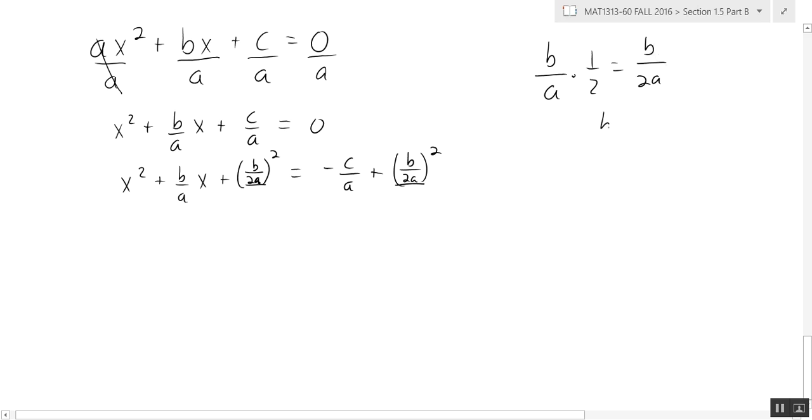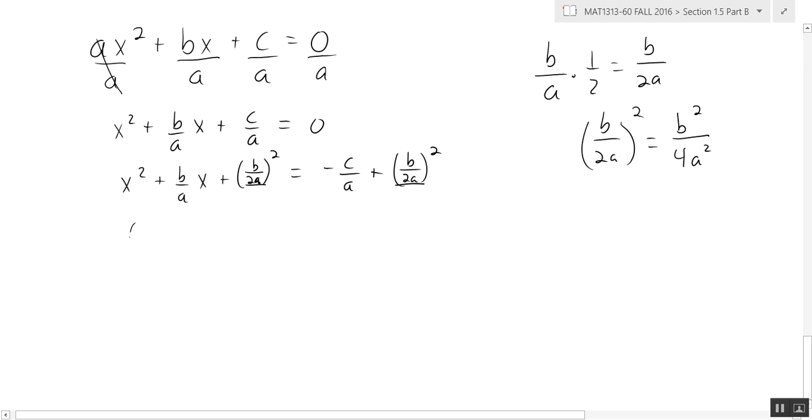Let's do that over to the side, because in the next step we'll write that down. So b over 2a squared, that means multiply the numerator times itself. B times b would be b squared. Multiply the denominator times itself. 2a times 2a would be 4a squared. Okay? So that's what b over 2a squared is.